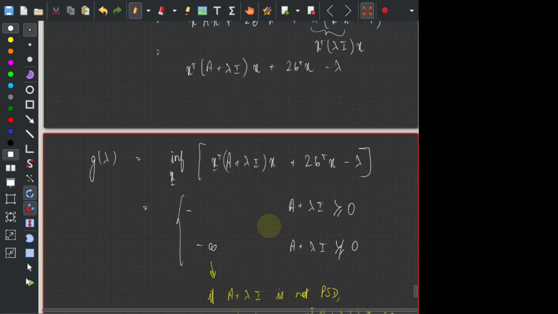I forgot that A is square. So it is the negative of B transpose, the inverse of A plus lambda I, times B, minus lambda.